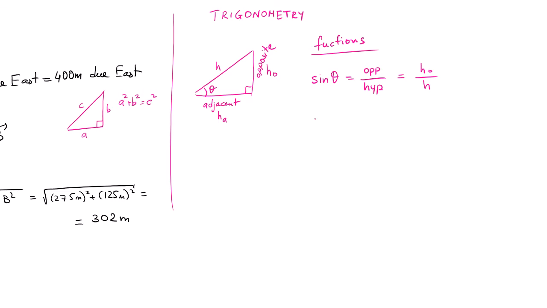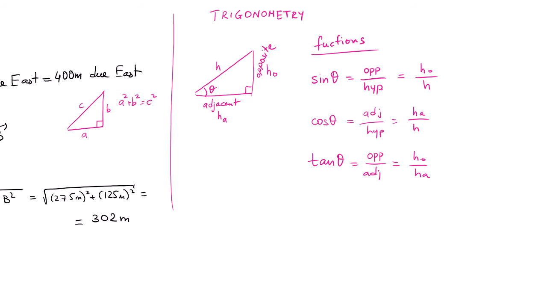Okay, the next function is the cosine theta, which is the adjacent side over hypotenuse, which is HA over H. Finally, the last one is the tangent theta, which equals opposite side over adjacent side. That is HO over HA.